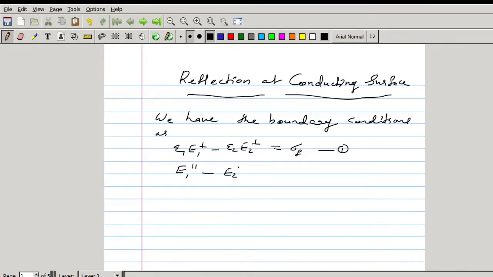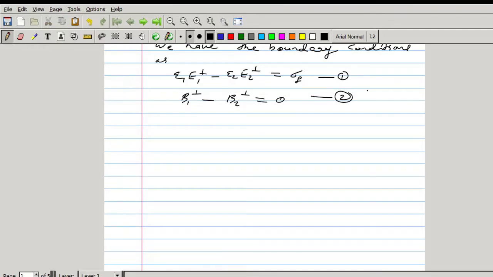The second boundary condition is B1 perpendicular minus B2 perpendicular equal to 0. The third boundary condition is E1 parallel minus E2 parallel equal to 0.